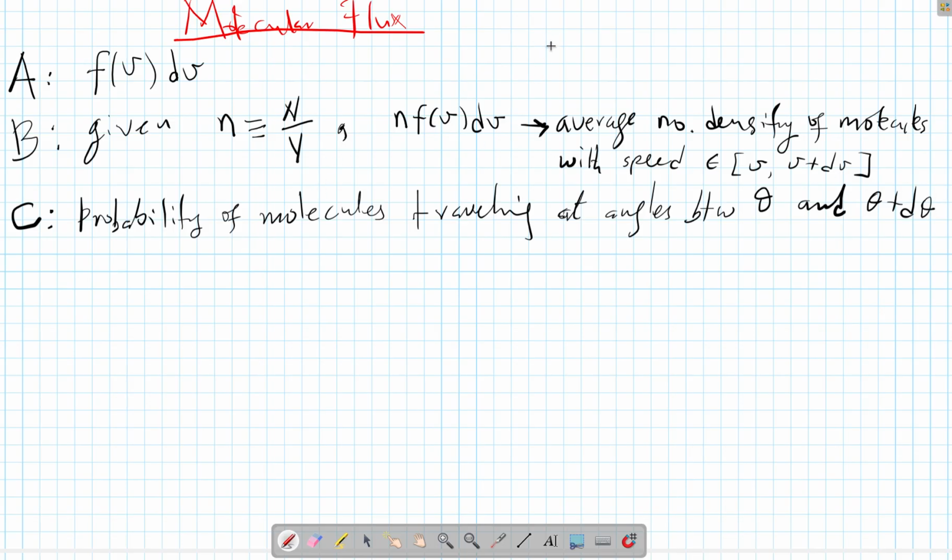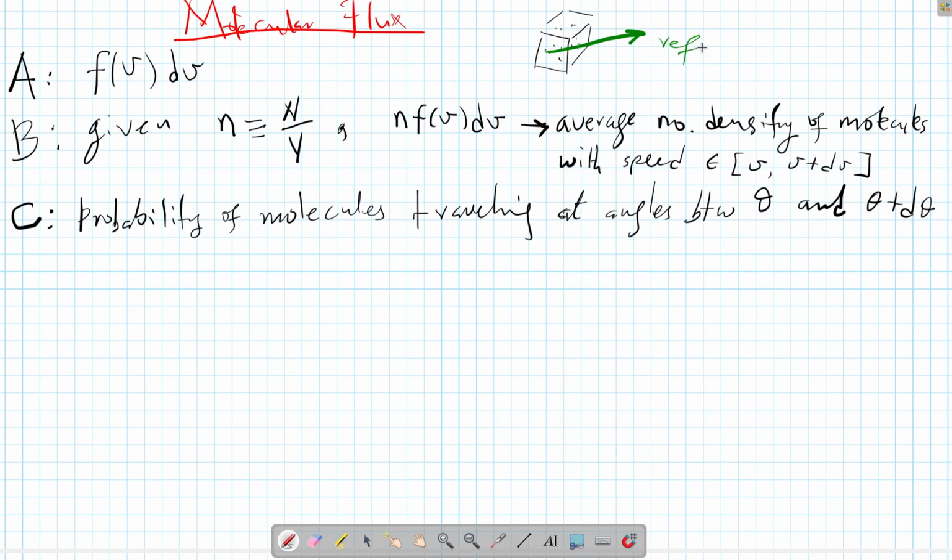So remember, if we consider a container of gas, there are various gas molecules in the container, right? I can take some direction to be a reference direction. We're going to choose what that direction is later on. For now, we take it to be arbitrary.